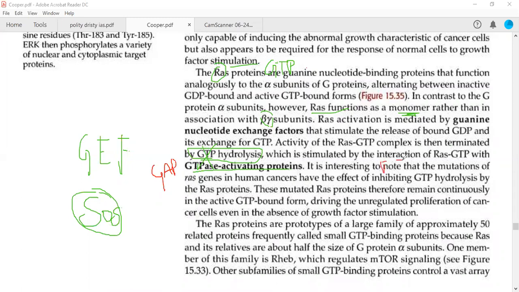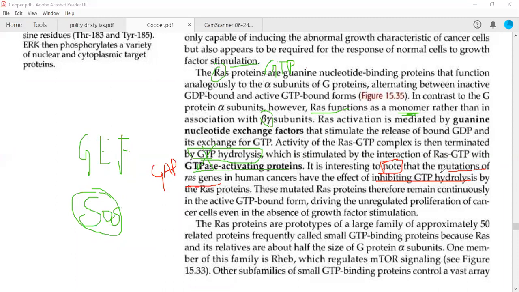It is interesting to note, and I want you to note this point because it is also very important. If there is a mutation of the RAS gene, because this RAS protein is able to bind to either GDP or GTP, then in human cancers it was found that such mutations have the effect of inhibiting GTP hydrolysis. So this GTPase activating protein will not be able to activate the GTPase domain of RAS protein.